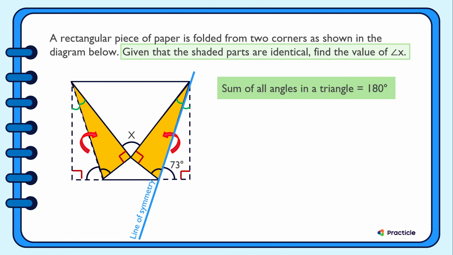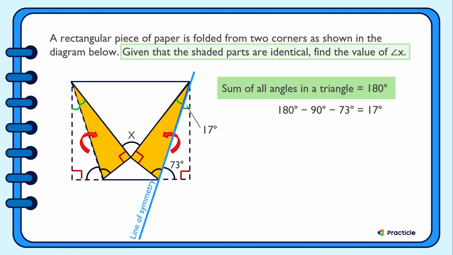Since we know that this angle is 73 degrees and this is 90 degrees, we can find how big this third angle is by subtracting 73 and 90 from 180, right? 180 minus 90 minus 73 equals 17. So now we know that this angle is 17 degrees. Do you get that?